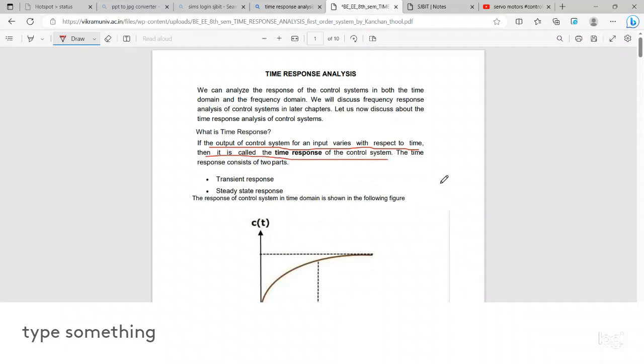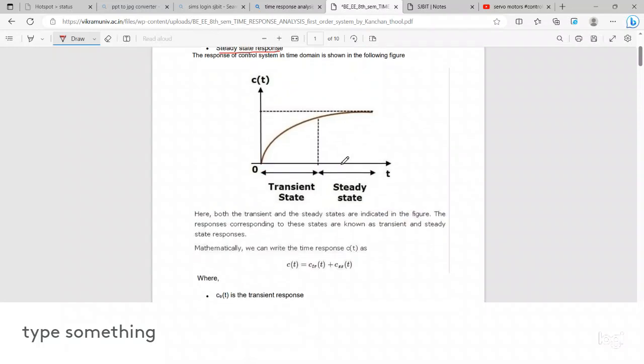The time response of a control system has a transient response and a steady state response. In this picture I am going to explain what is meant by transient response and steady state response. Up to here we call it the transient state, and after this we take it as the steady state.